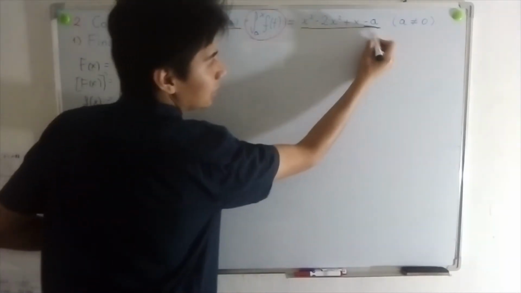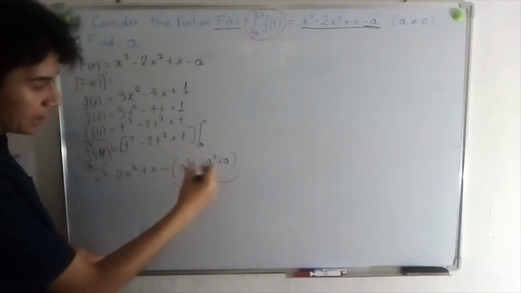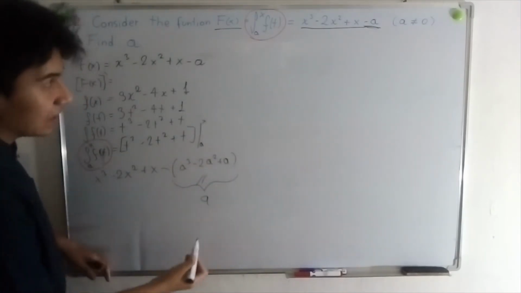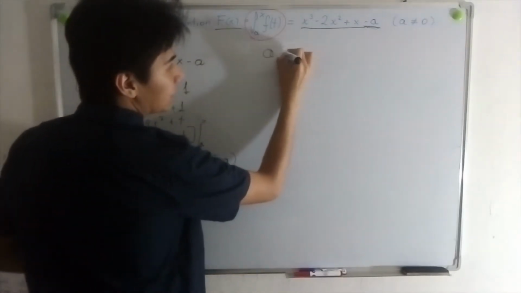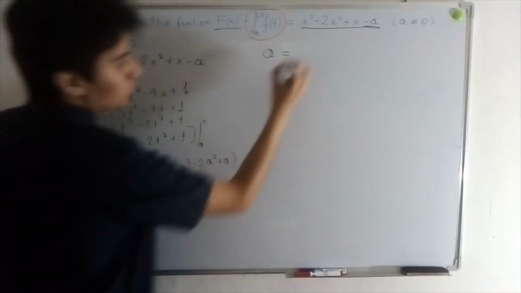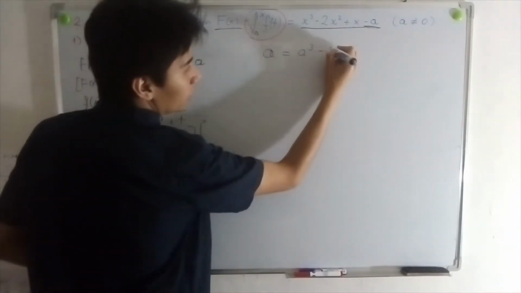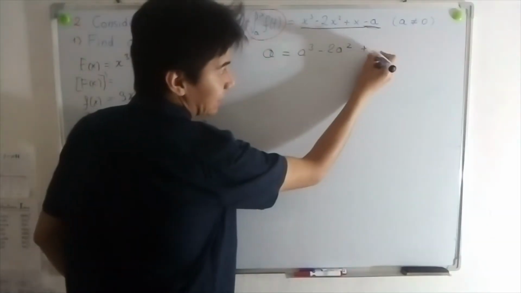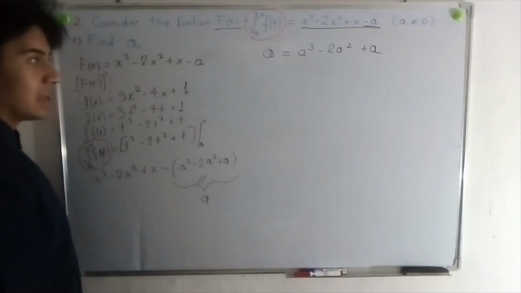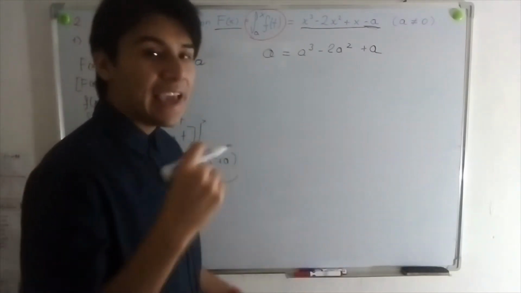Look at that: minus a cubed minus 2a squared plus a, that is a. Then a is equal to a cubed minus 2a squared plus a. And that is an equation to find a.